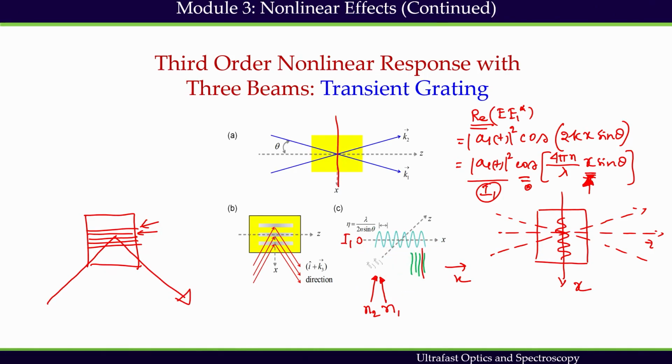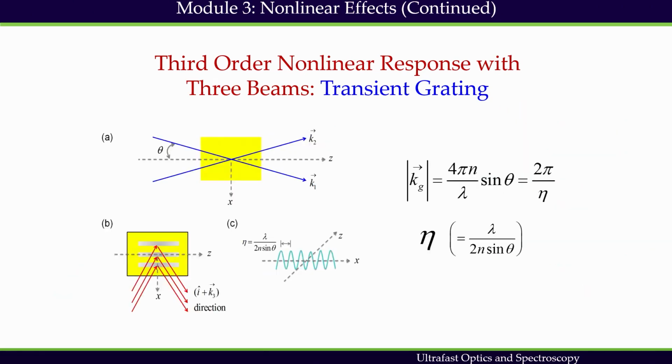The wavelength of those variations can be calculated with the help of this eta. This eta represents the spacing between the spatial variation of the refractive indices, or the spatial variation of the intensity along the x-axis, which definitely depends on this lambda, the excitation wavelength. So what we are seeing here is the magnitude of the wave vector for the resultant field, if I now have the third beam coming.